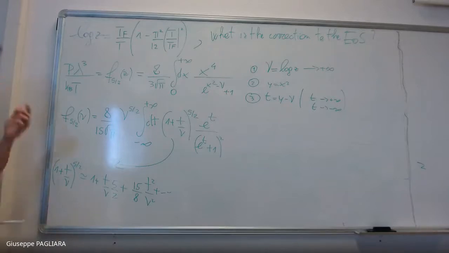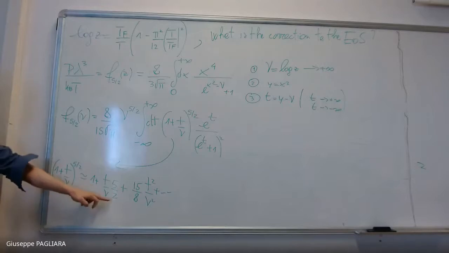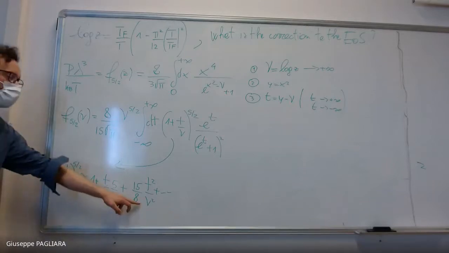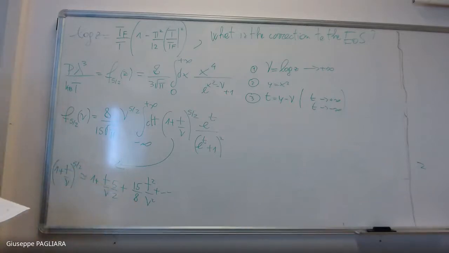As before, the first correction does not contribute because it is linear in t, and we have to go to the second order in t in order to have the correction.